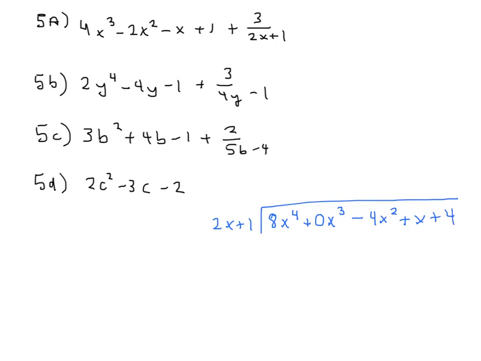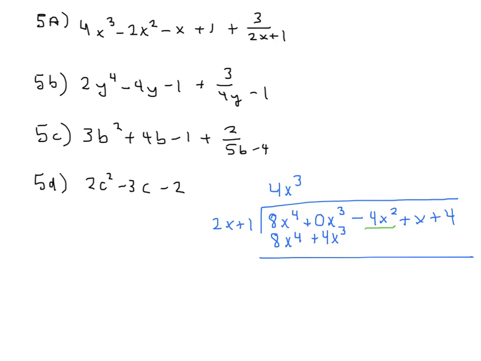Why would I want to do that? Because when you start this multiplication, you multiply 4x to the third, that gives you 8x to the fourth, and then you have plus 4x to the third, and you need some place to put it. Some of you may have put it underneath of the x squared, but remember you can only subtract like terms.